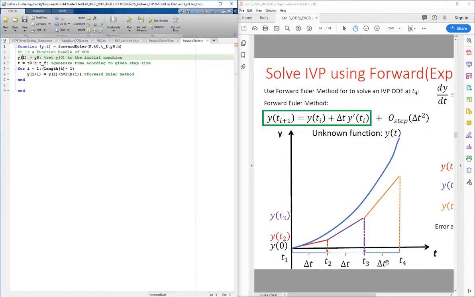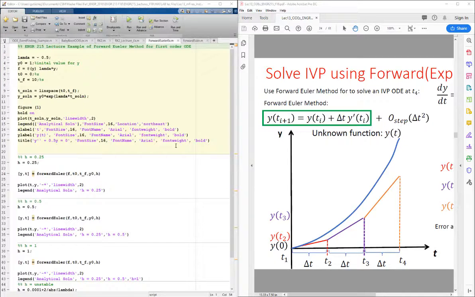That is why we're doing length of t minus 1. The Forward Euler method then would be y of i plus 1 is equal to y of i plus h times f of y of i. In this case, for our equation here, we'll assume that f doesn't vary with t.